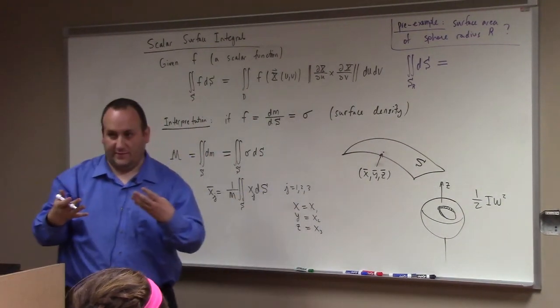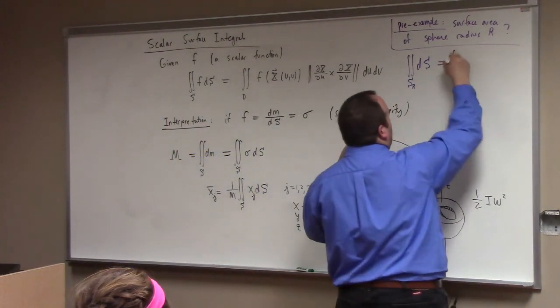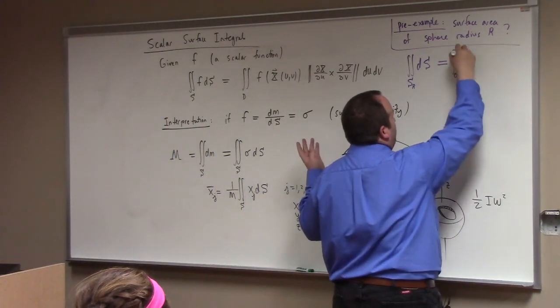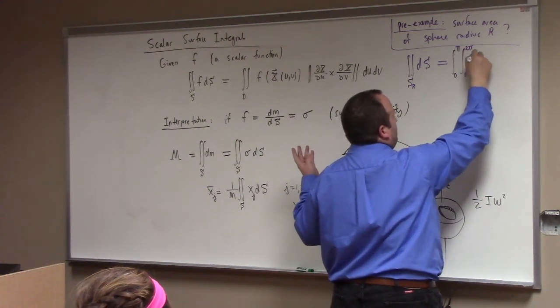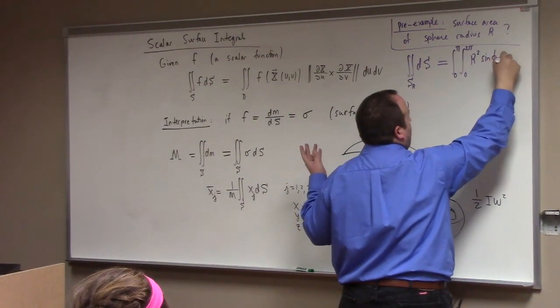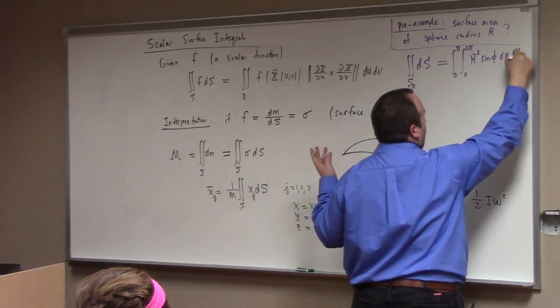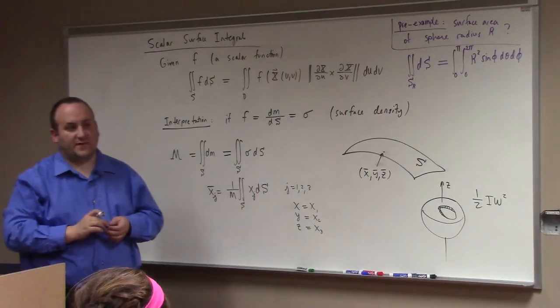What was ds for the sphere? That's what we worked out. So the sphere goes over the full range of 0 to pi, 0 to 2 pi. You got yourself an r squared sine phi d theta d phi. That's the surface area element for the sphere.